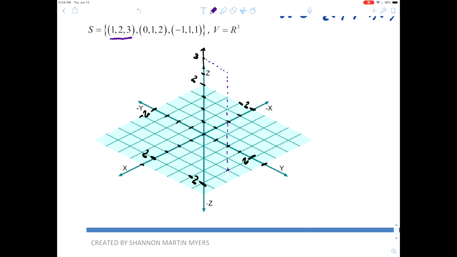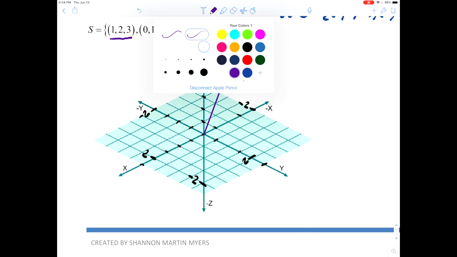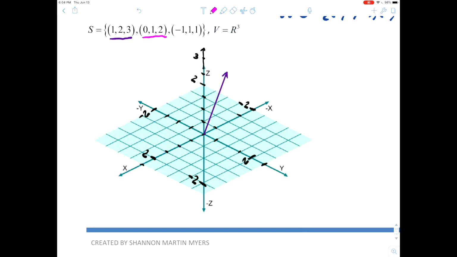Okay, so it'll go about here. And then I can erase these guides. And then our next one will be this pink color, so 0, 1, 2. All right, so we'll be here for our 1.